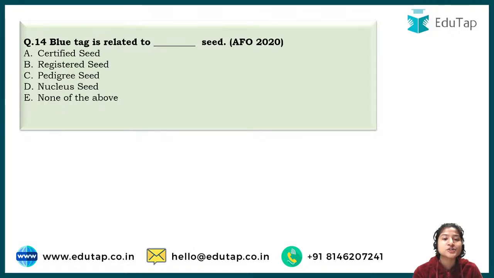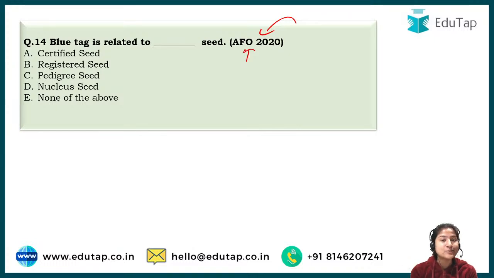Now is question 14. It is blue tag, it is related to. See, this question was asked in NABARD also, and the same question has been asked in your AFO also. You can look at the similarities between the questions as well. See, no doubt AFO is quite in depth. You will find that in AFO they ask more specific details of varieties and things like that.